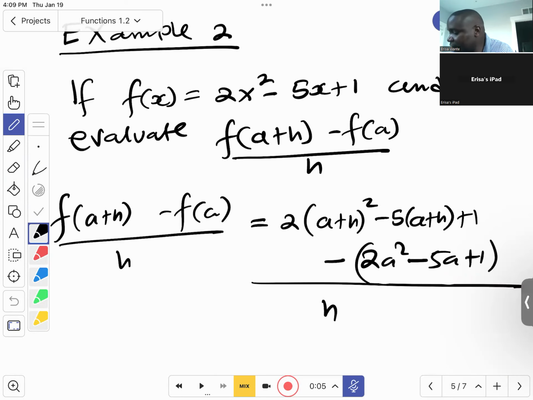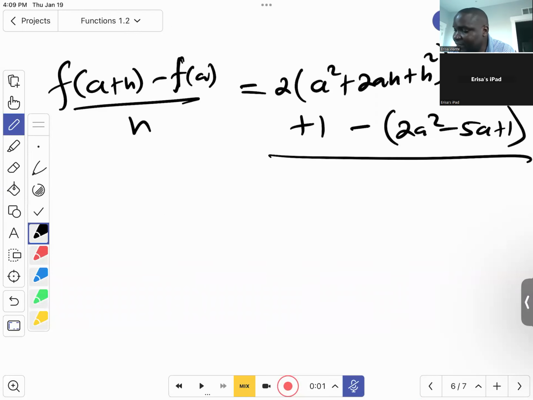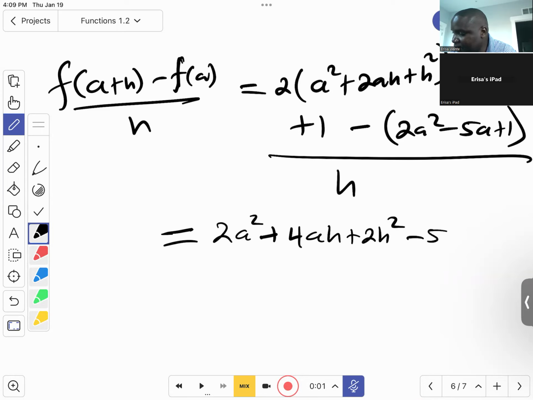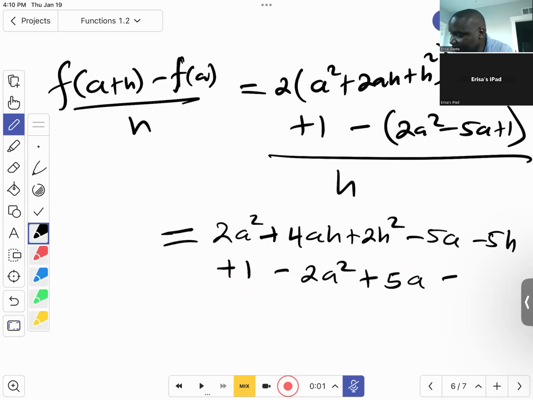So next is to simplify everything. You have it divided by h. This is now 2a squared plus 4ah plus 2h squared minus 5a minus 5h plus 1, then minus 2a squared plus 5a minus 1.